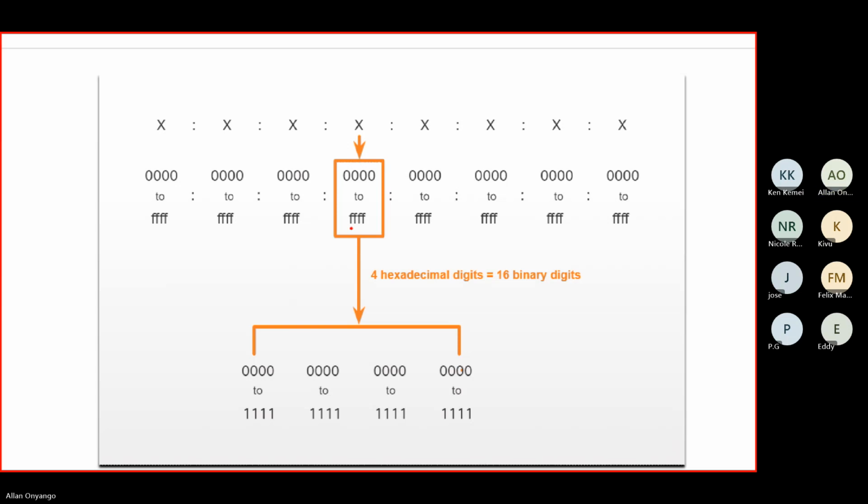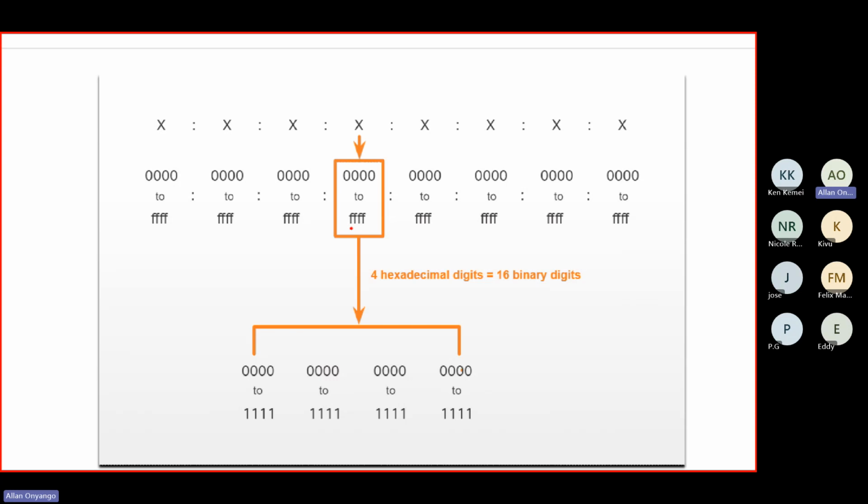Now, I want you to look at IP version 4. It is divided into how many sections? 4 parts, isn't it? And we call them octets. IP version 4 is divided into 4 octets, where we have first octet with 8 bits, second octet with 8 bits, third octet with 8 bits, and the fourth octet with 8 bits. Are we together up to there?